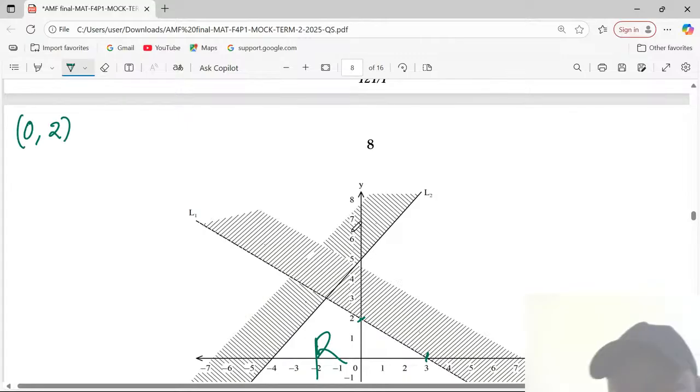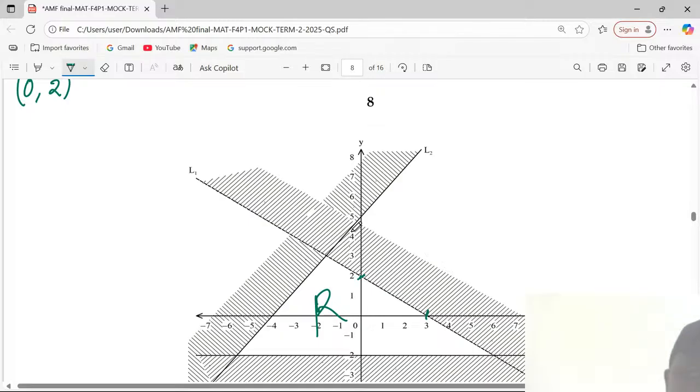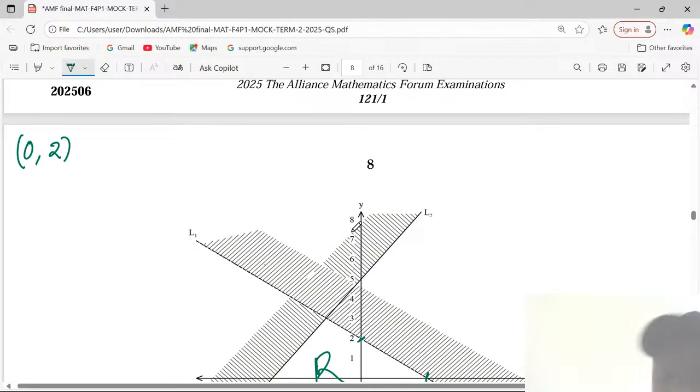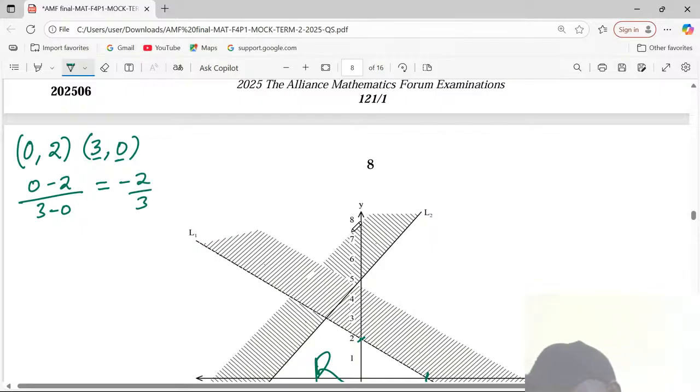Then for line 1, along the x-axis, we have (3, 0). So we find the gradient first. The gradient means change in y, 0 minus 2, over change in x, 3 minus 0. So this is negative 2/3.